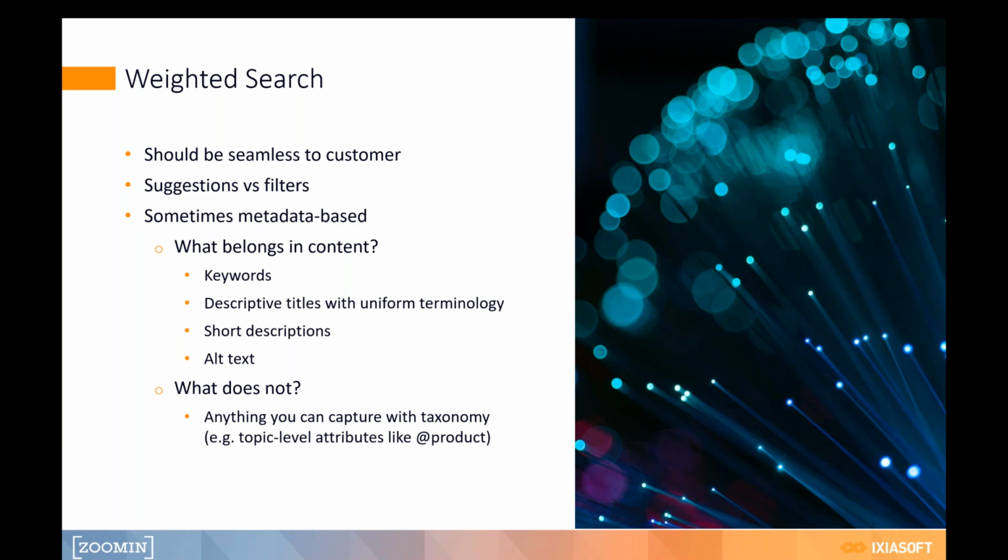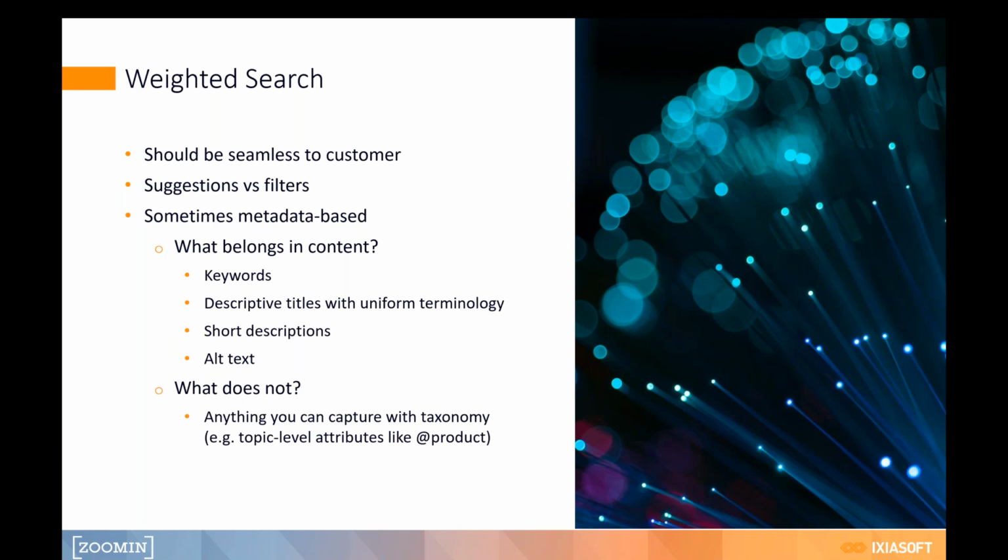But one really important thing you can do to help your customers find your content are descriptive titles with uniform terminology. So all of us who've ever worked as tech writers, at one time or another, we find in our content inventory that we have 50 topics whose title is overview or introduction.